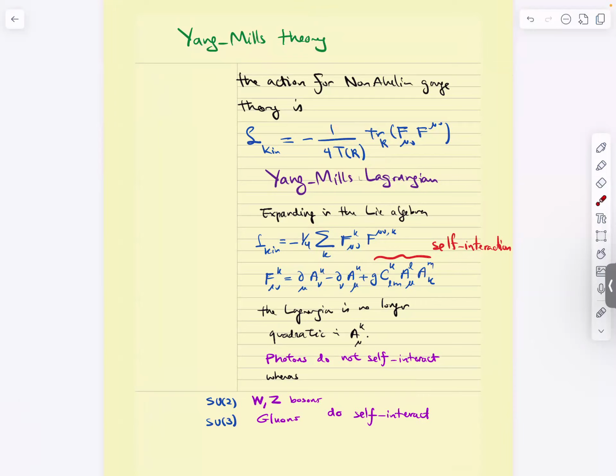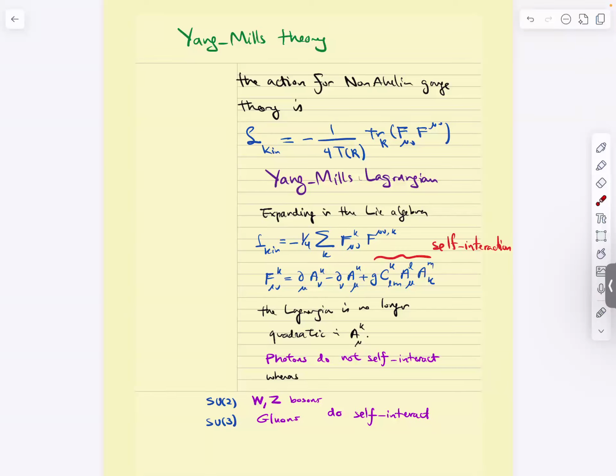Now I don't need to explain what TR is. And whatever your representation is, it's this guy. So if you're in the fundamental, it's just minus 1 over 4. If you're in the adjoint, adjoint of SU(N) is going to be minus 1 over, sorry, it's going to be minus 4.